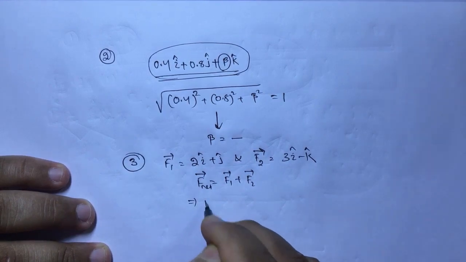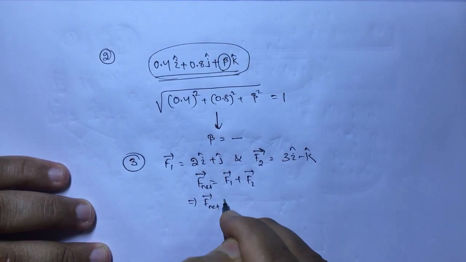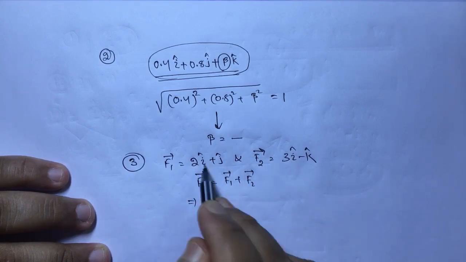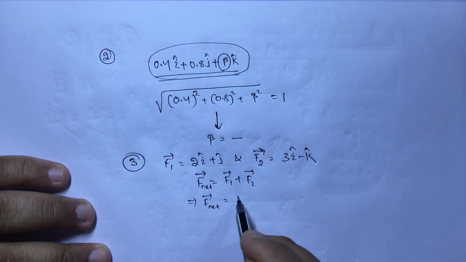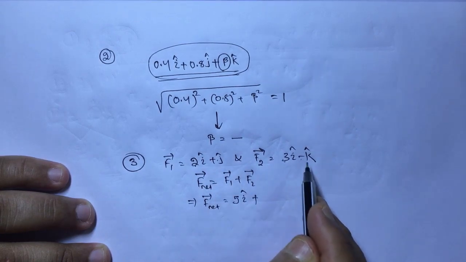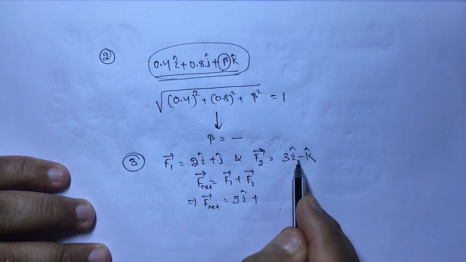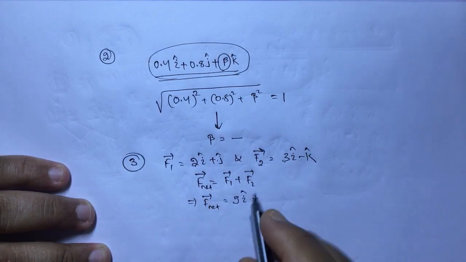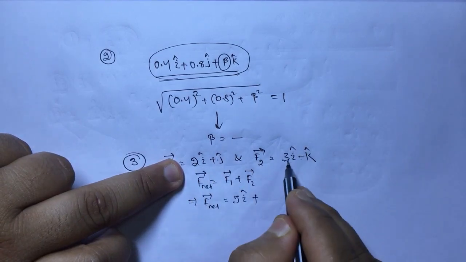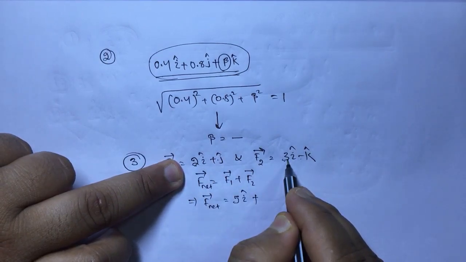Here the addition is very easy because it is given in component form. Simply add these two vectors. If you add 2 plus 3, i cap, plus 1 plus 0 for j cap. Remember, here for i cap, a x is 2 and b x is 3.